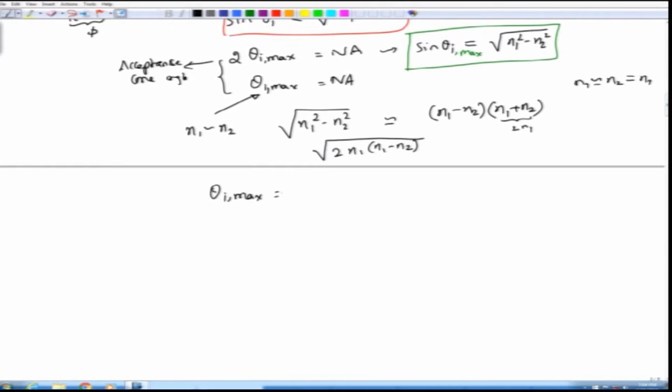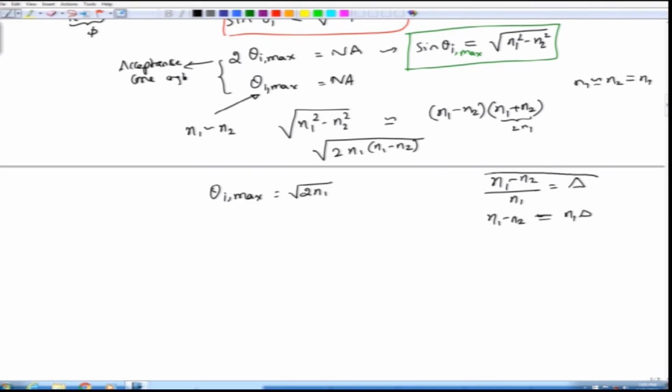I can pull 2n1 out under the root, and if I define n1 minus n2 by n1 as delta, which is the relative refractive index difference, then n1 plus n2 is approximately 2n1 and n1 minus n2 divided by n1 is delta. Therefore, n1 minus n2 is equal to n1 times delta.